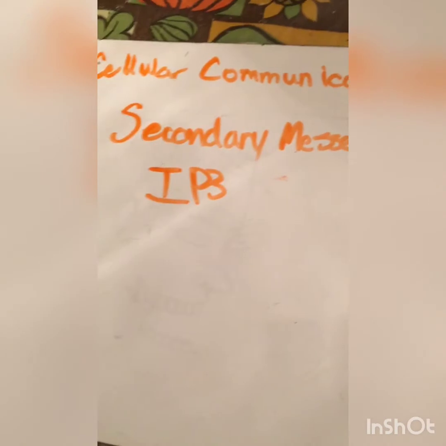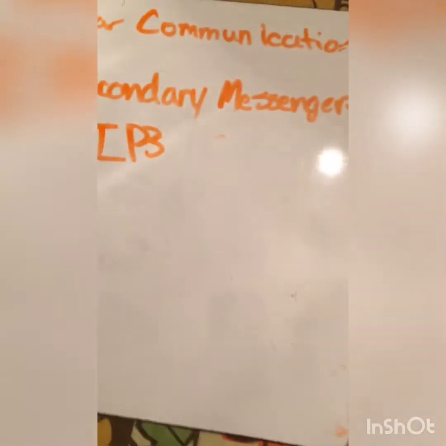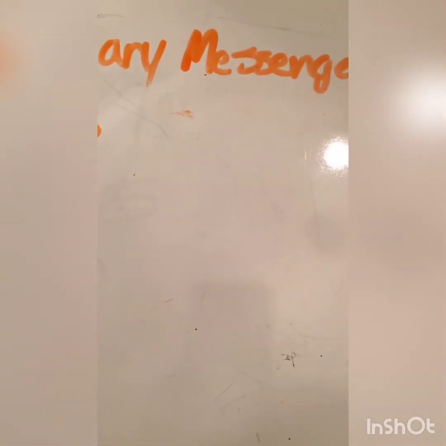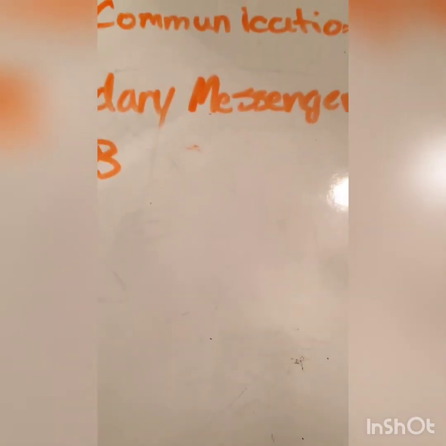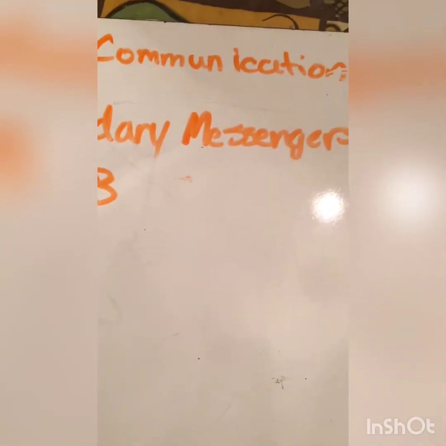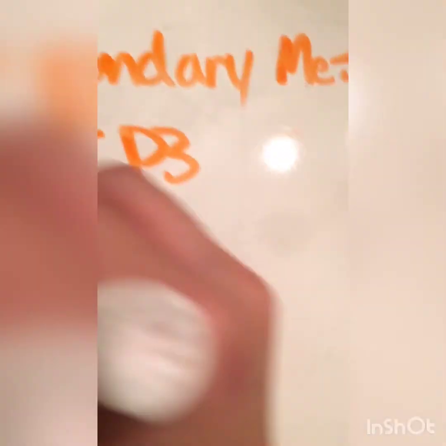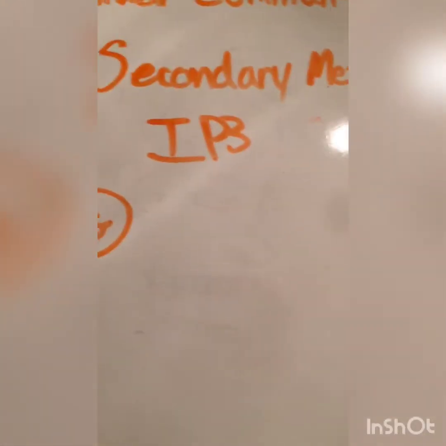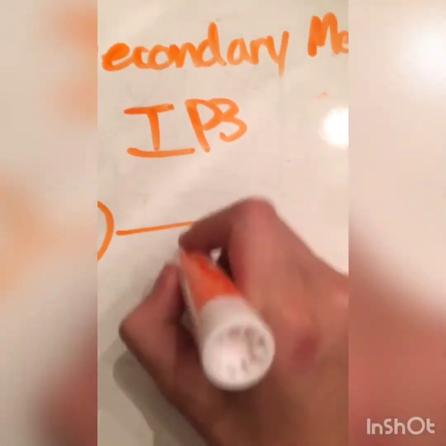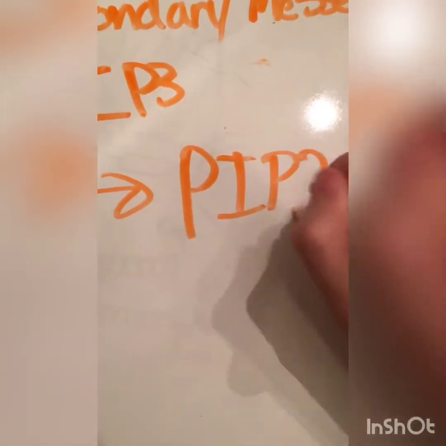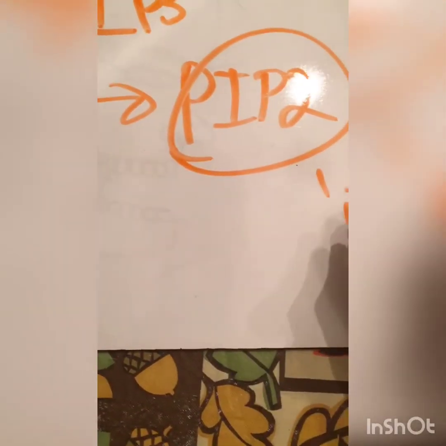And pretty much what happens here is that IP3 will be made from a G protein that has a certain message from a ligand, and it will combine with PIP2, which is inactive.